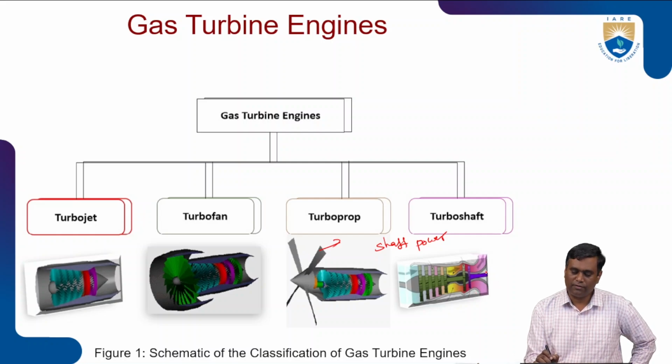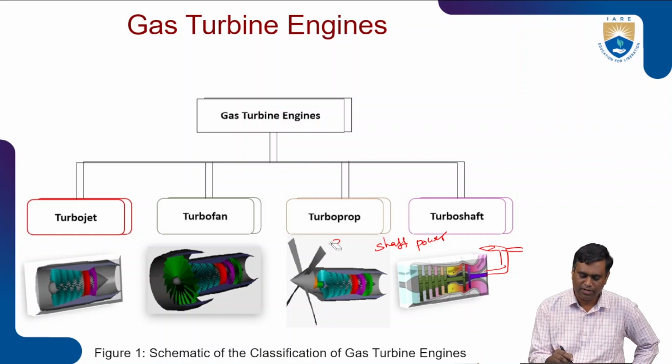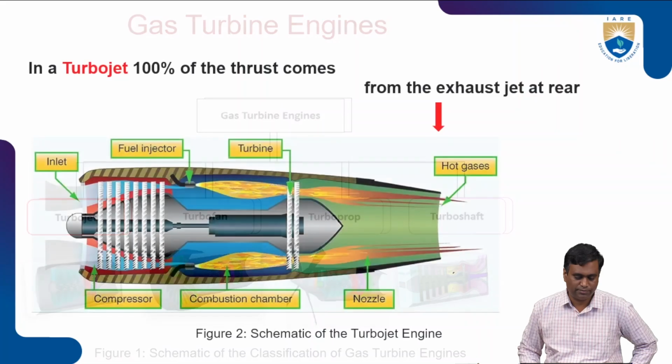In the case of turboshaft, shaft power is used to drive the rotor blades, right? These two are developed for low altitude and low speed applications, and they are limited by propeller or rotor blade aerodynamics, right? These are a few important points about these four types. And we'll go through the slides again.